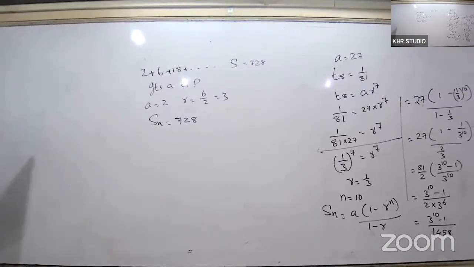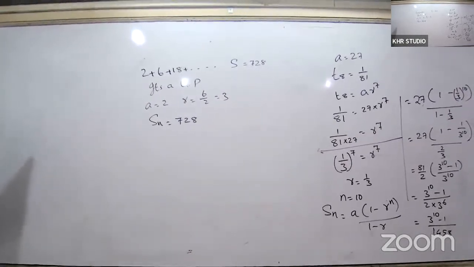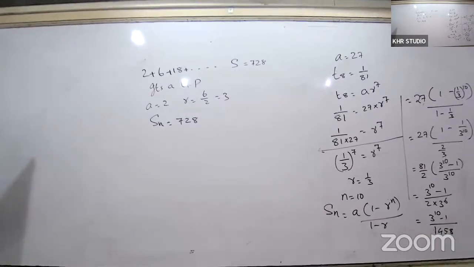Sn formula: A into R raised to n minus 1, bracket and all of that.